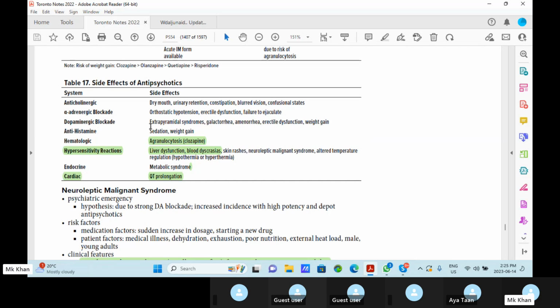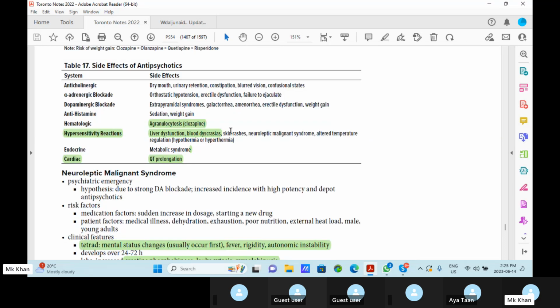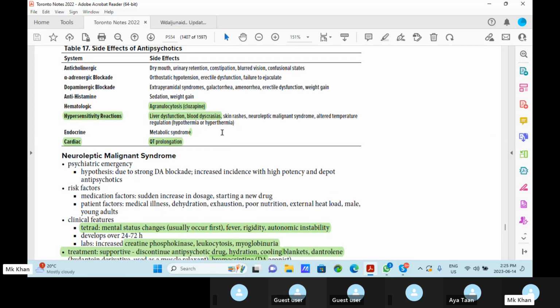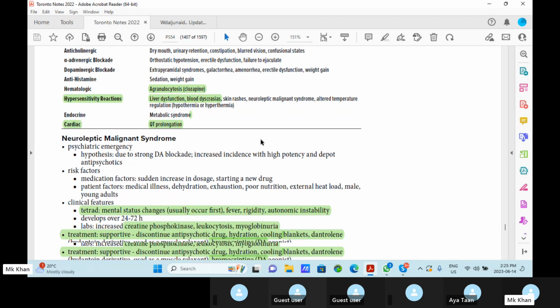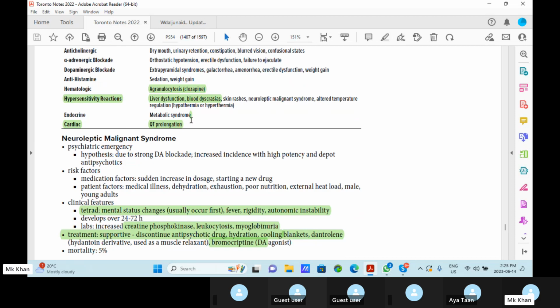So because of dopamine blockade, all these side effects. And sedation, weight gain, hematological agranulocytosis, which is the most important with clozapine. Hypersensitivity reactions can be present, like liver issues and blood dyscrasias. And then neuroleptic malignant syndrome, endocrine metabolic syndrome, and cardiac QT prolongation.